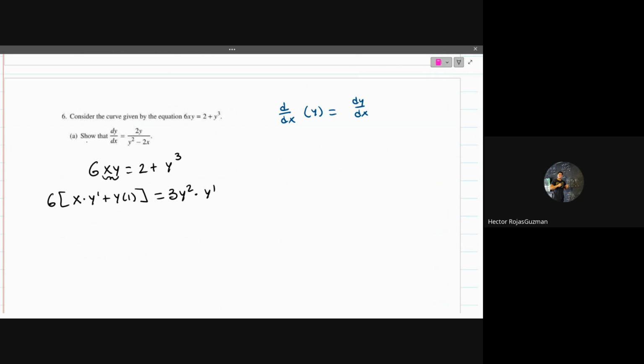From here, just manipulate the equation so that you solve for y prime and then you get it on one side, right? So 6xy prime plus 6y is equal to 3y squared y prime. Take away 6xy prime from both sides.